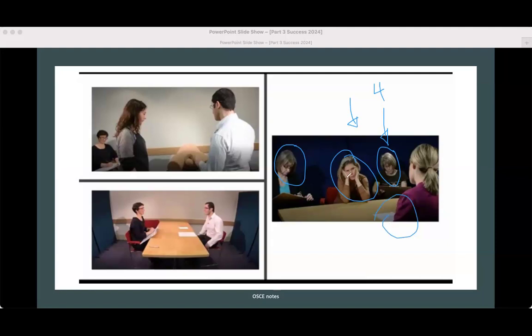Your communication during the exam is only with the role player. You are discussing with the role player only. You don't give any attention to the clinical examiner or to the lay examiner. Don't say, hi, how are you, or anything like this. You speak only to the patient and act as if you are in the hospital.